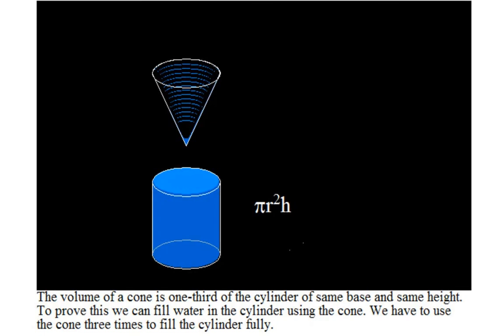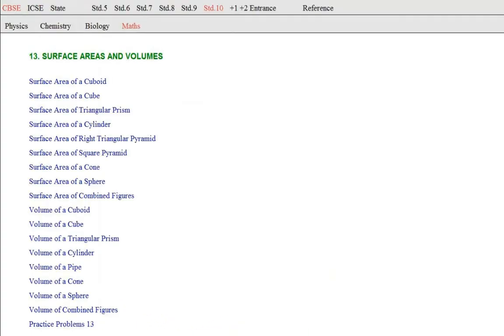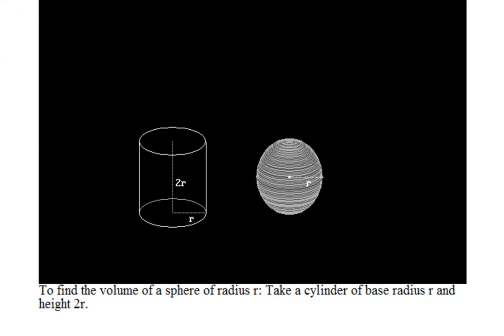Volume of cylinder is pi r square h. So, volume of cone is 1 by 3 pi r square h. Volume of a sphere is 4 by 3 pi r cube.